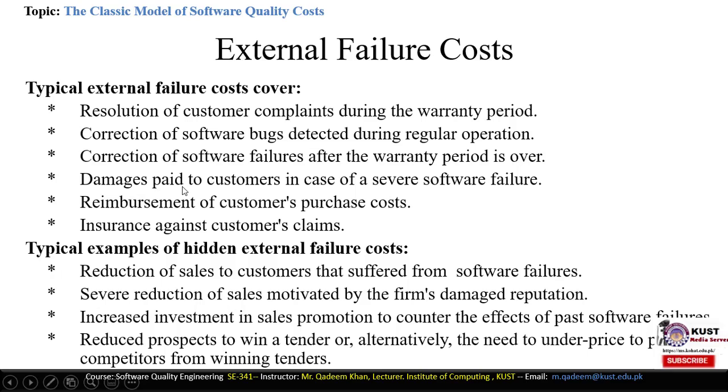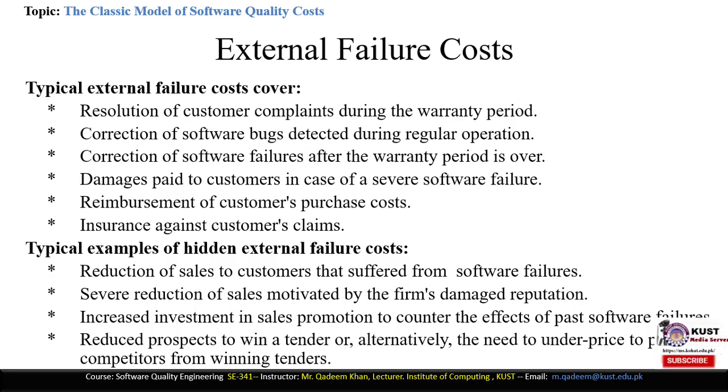Next one is the damages paid to the customers in case of severe software failures. When the software severely fails or crashes, meaning a catastrophic crash of the software, the cost occurs on the damages that are paid to the customers. In that case it is called the external failure cost.